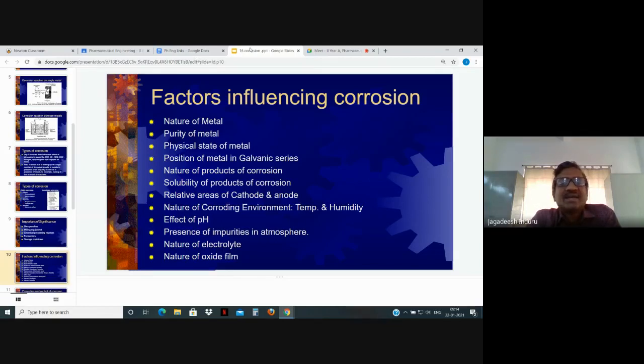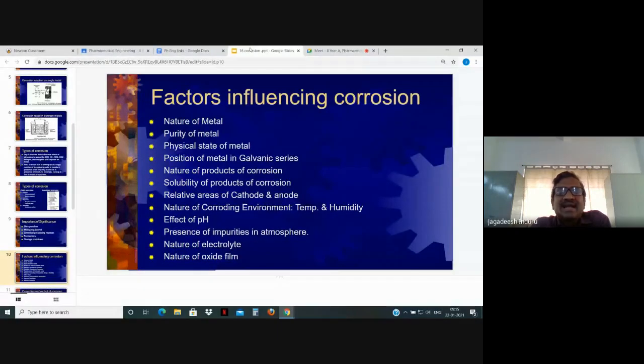We cannot overheat aluminum when compared to stainless steel. Gold and platinum, you can expose to the highest temperatures also. So the physical state of the metal will vary with the temperature of exposure. We need to select the material in such a way that we consider its coefficient of expansion and changes in the form, shape, and size of that particular vessel.